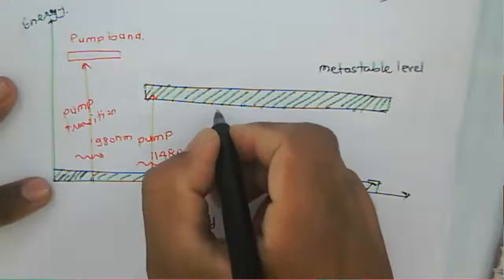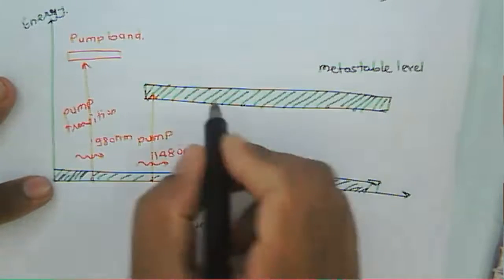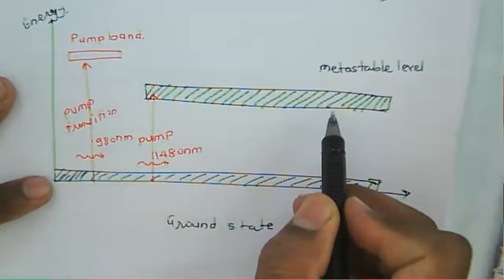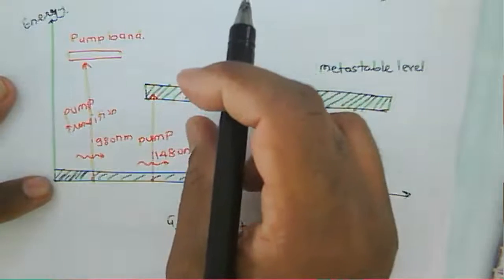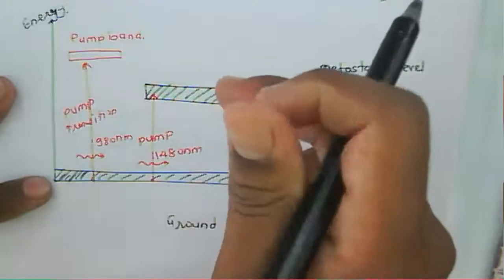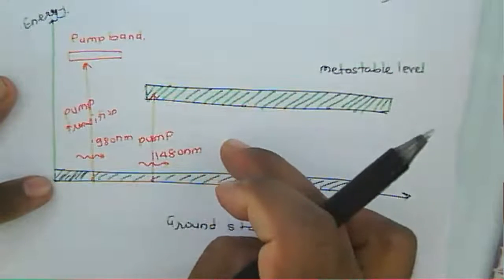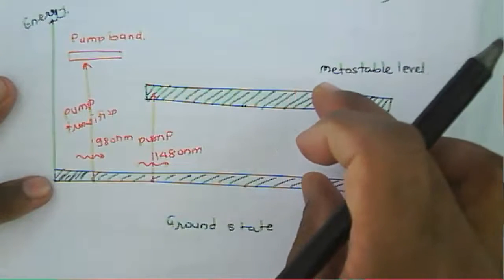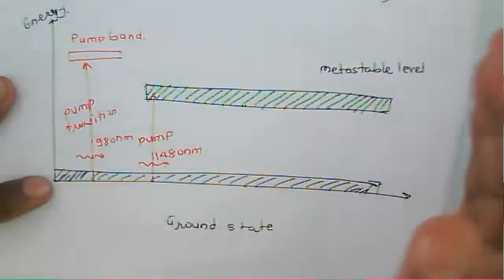And then we can consider a state that is the metastable state or metastable level. Here all the electrons are raised to that particular energy level, and when the electrons reach that level, stimulated emission starts, meaning amplification of the optical signal takes place.